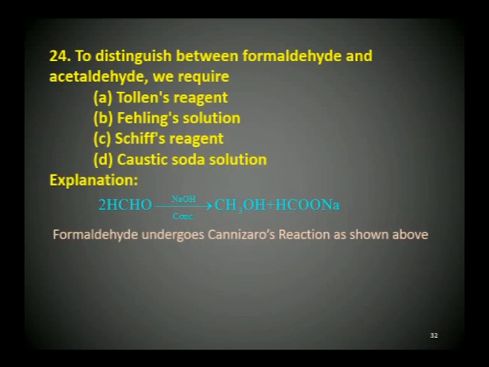Since formaldehyde does not have alpha hydrogen, it undergoes the Cannizzaro reaction with caustic soda solution. Therefore, it produces methyl alcohol, that is methanol, and sodium formate. Whereas, when acetaldehyde is reacted with caustic soda solution, it shows the aldol condensation reaction and forms an aldol.